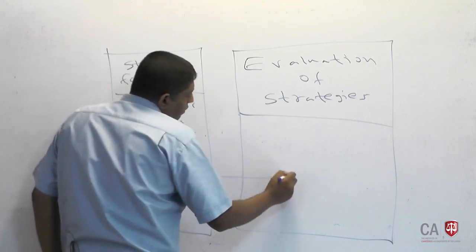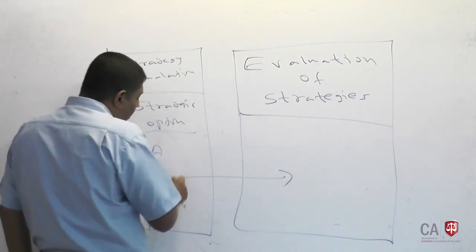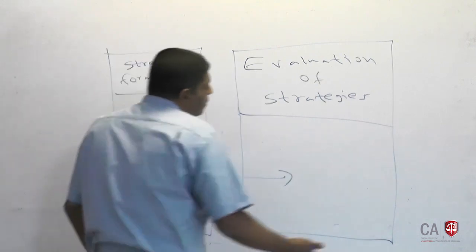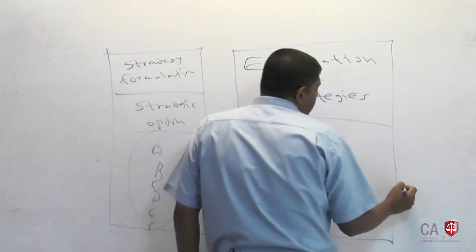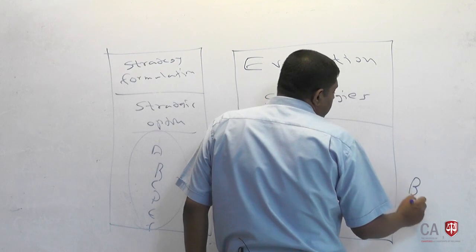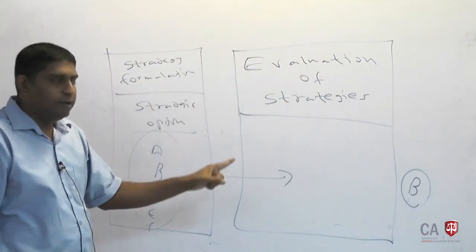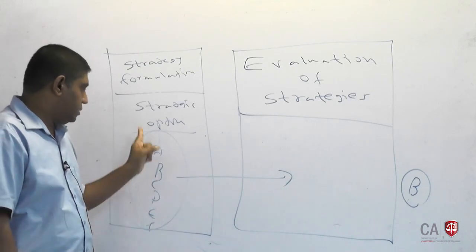Now here what you will do is evaluate these A, B, C, D, E, F options and identify the most appropriate strategic option. For example, after the evaluation you may identify B as the best strategy and the other strategies will not be implemented; B will be implemented in the marketplace.